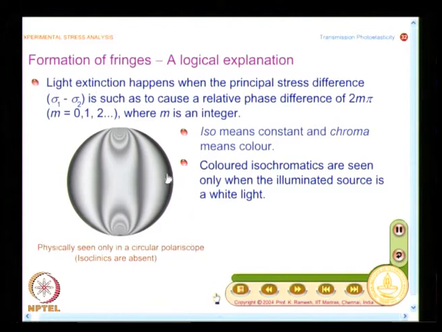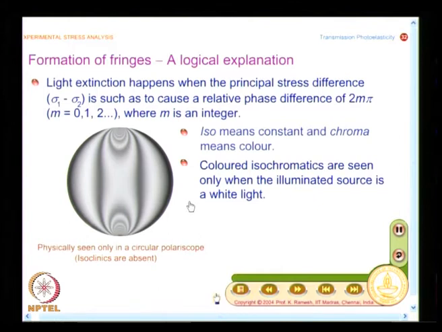So, I see one set of fringe contours, and when I send a monochromatic beam of light, I see this as black and white contours, whereas we have defined isochromatics as iso means constant and chroma means color. Colored isochromatics are seen only when the illuminating source is a white light.